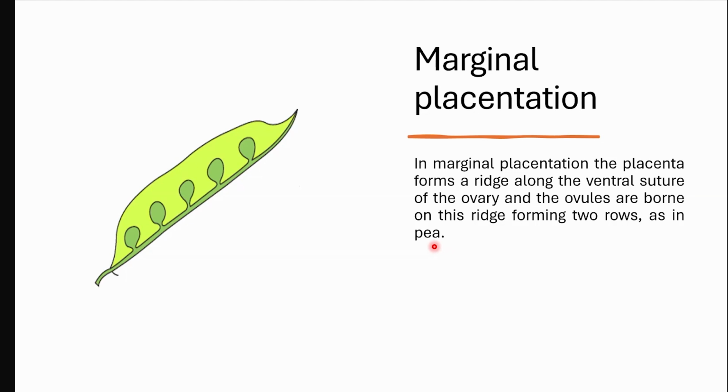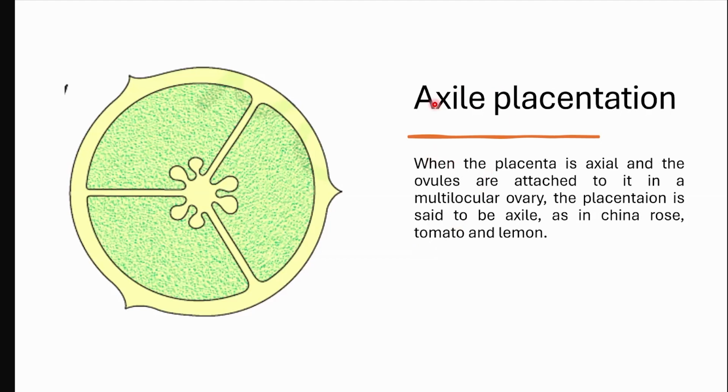What is axile placentation? When the placenta is axile, meaning it is present like this, all around it, and the ovules are attached to it in a multilocular ovary.